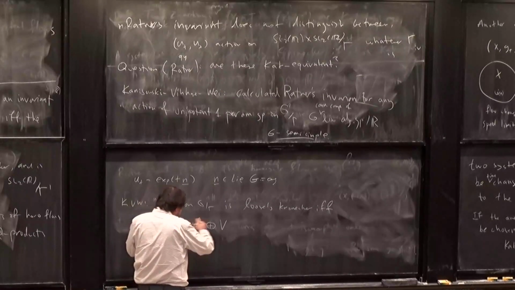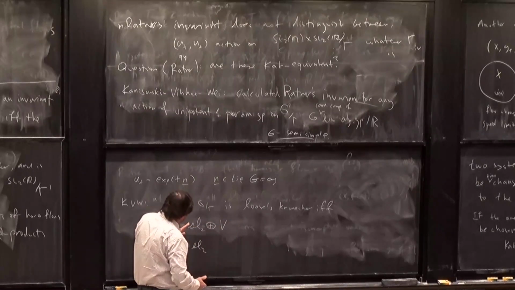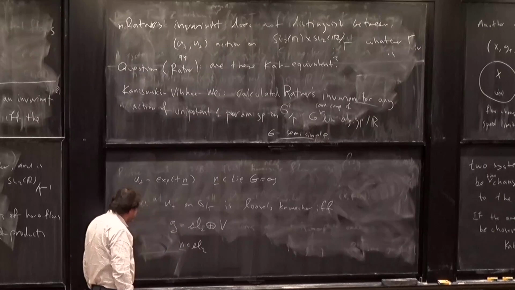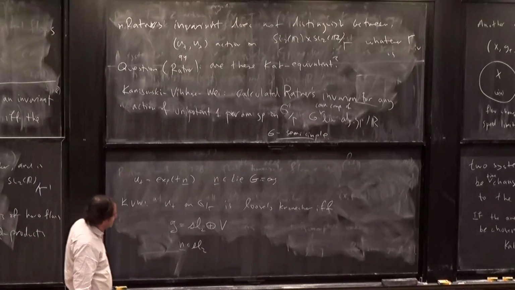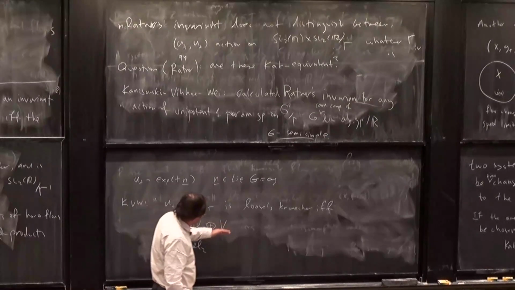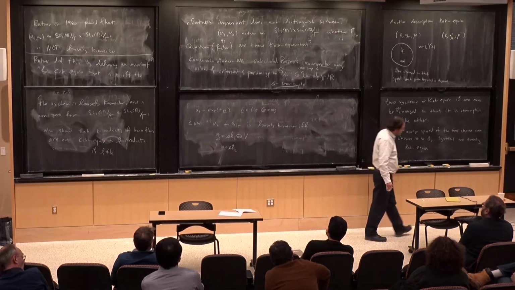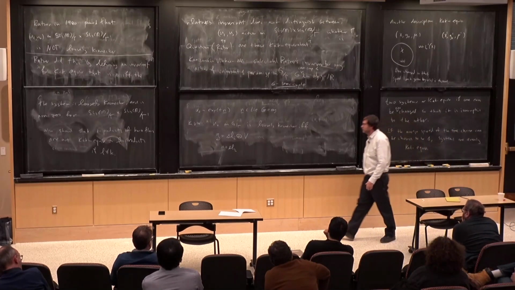This is a representation as a Lie algebra, a direct sum of two things which commute with one another, and my element is inside the SL2.